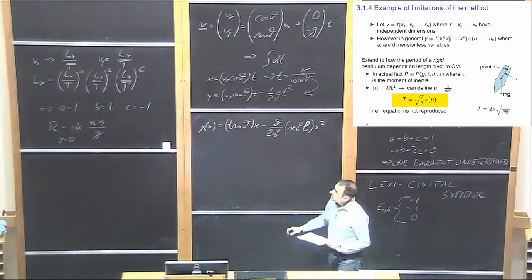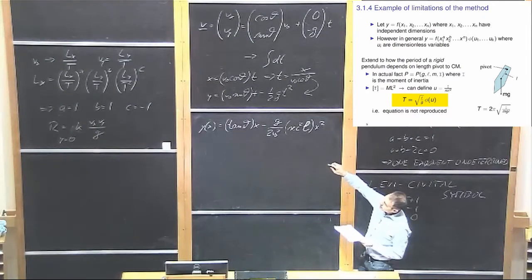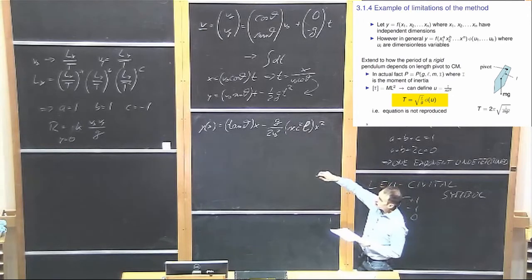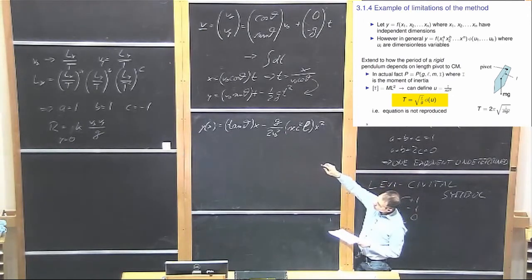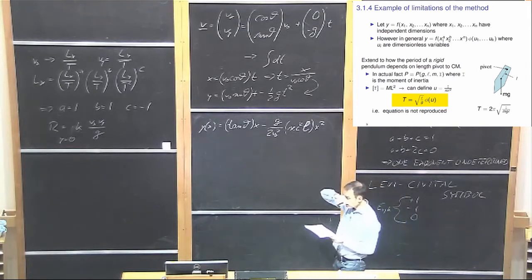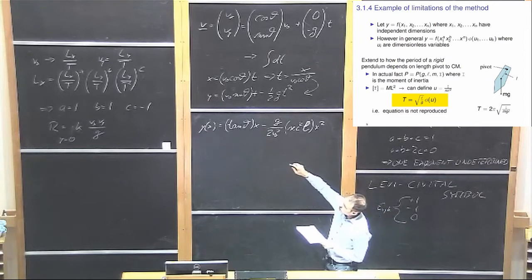Now, before we did a simple pendulum with just a string, a point mass, the length and the mass. Now we use a little bit more complicated, a massive pendulum, a rigid pendulum, where we need the moment of inertia.